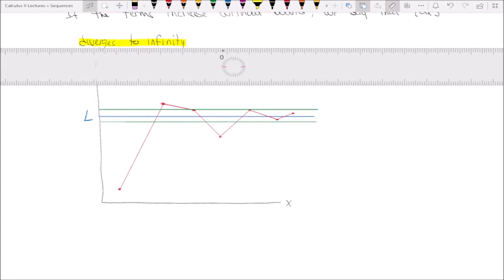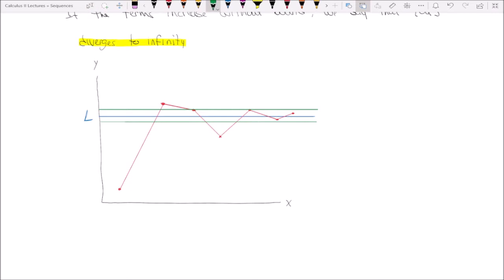That's close enough. Right, so above we'd have L plus epsilon, below we have L minus epsilon, right? This is known as the epsilon band.